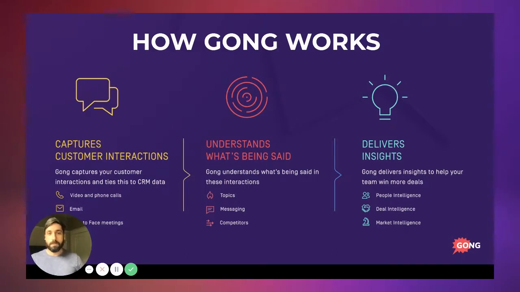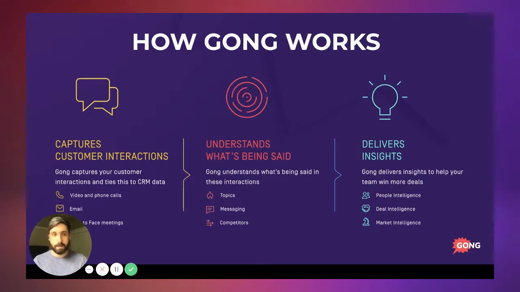Gong then uses AI to understand what's being said in those conversations, from creating a transcription to using modeling to identify important themes and topics discussed in the conversation, and even recognize patterns and proactively notify you if certain things occur on a call. And all of those things are packaged into insights that you can see, which help you act more strategically and get more intelligence to help you drive your business forward.